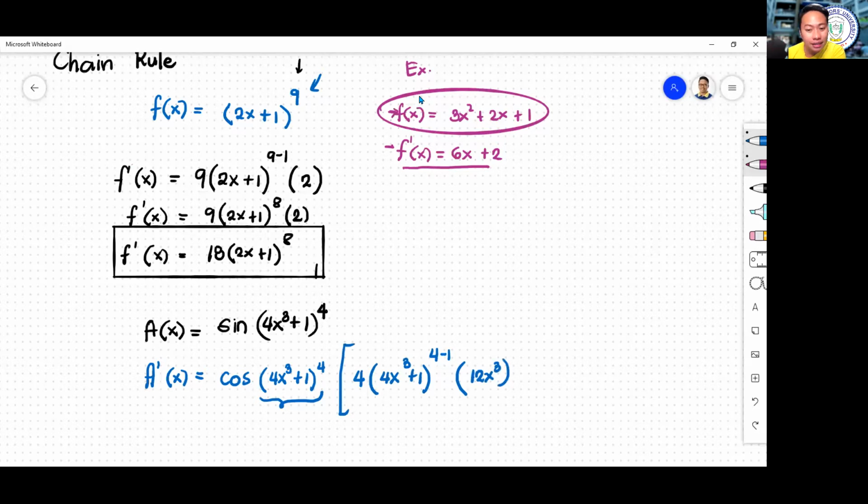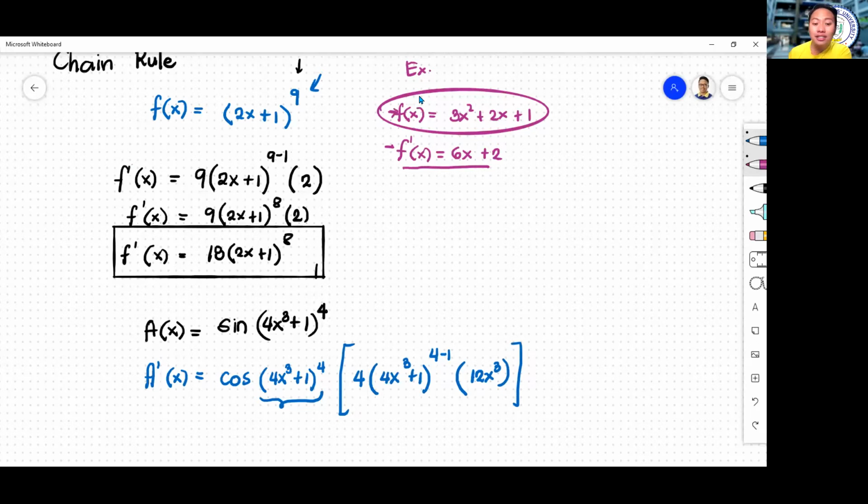This is maybe the reason why they call it the chain rule, because everything connects. You start from the larger scale and then it gets smaller and smaller, from the whole thing, to what is inside the parentheses, and so on and so forth.